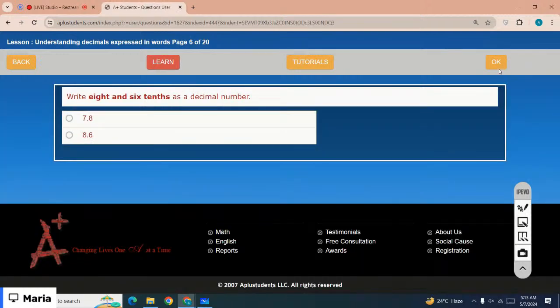Right, 8 and 6 tenths as a decimal number, which is the correct option? Yes, that is 8.6. The correct option is 8.6.